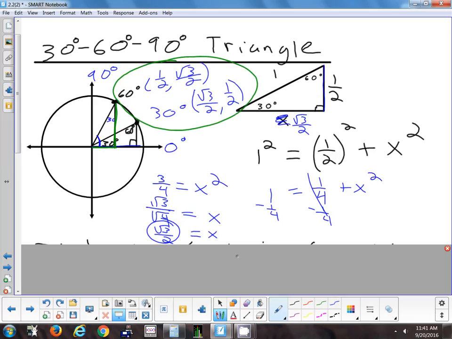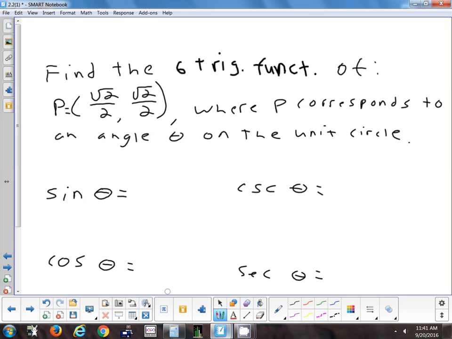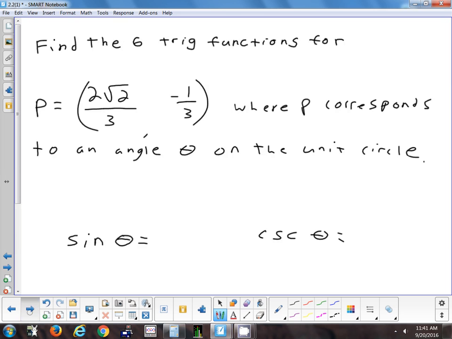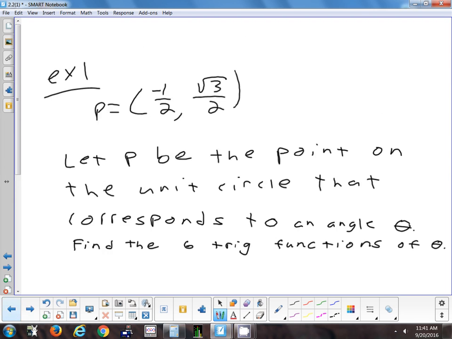As we did some problems yesterday, I think we had some problems where square root 3 might have popped up a little bit. Yeah, the first one we did. There was a negative here. We don't have any negatives today. We'll see that tomorrow.